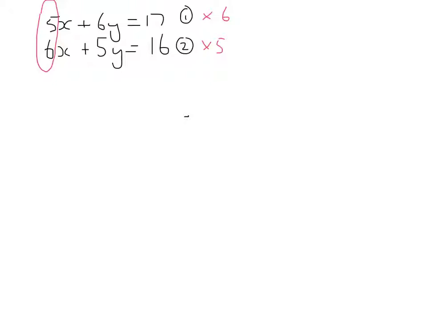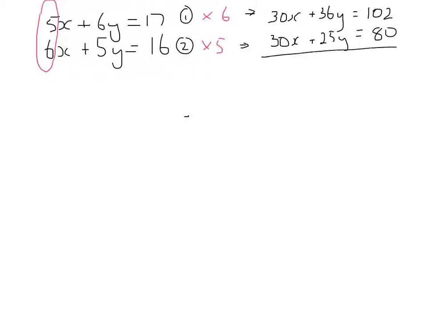So 5x times 6 will give us 30x, 6y times 6 is plus 36y equals 17 times 6 is 102. Now for the next line, we have 6x times 5 is 30x, plus 5y times 5 is 25y, and 16 times 5 is 80.